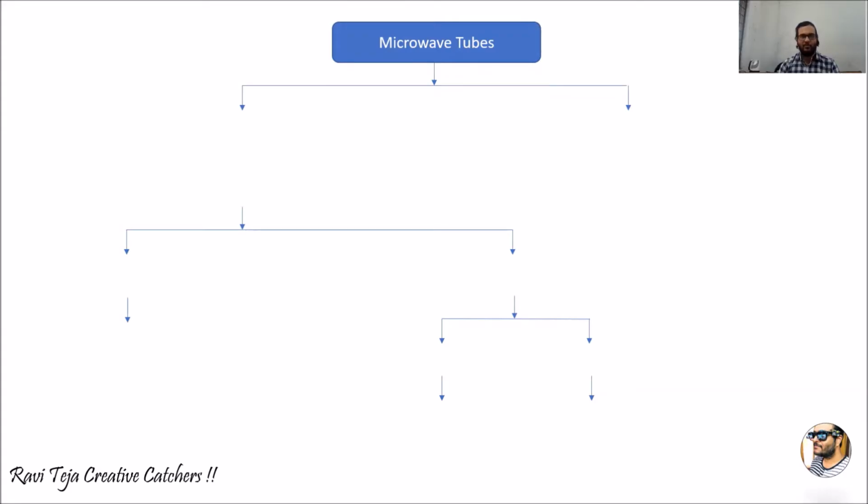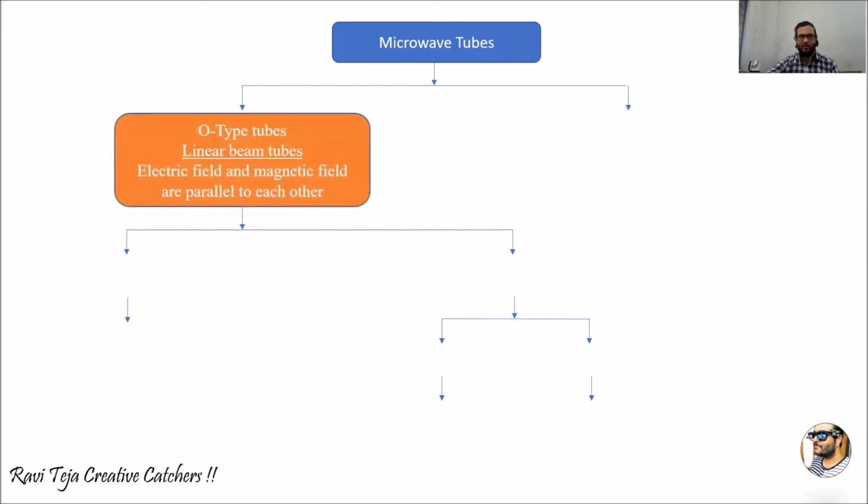Microwave tubes are used as oscillators as well as amplifiers for generation and amplification of microwave signals with high power. Here, microwave tubes are classified first into O-type tubes. These O-type tubes can also be called linear beam tubes. Why are they called linear beam tubes?